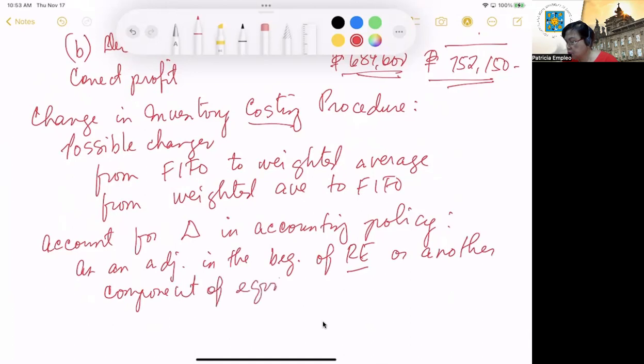That another component of equity does not apply to inventory. It applies only to other changes in accounting policy. So therefore, this is considered as an adjustment in the beginning balance of retained earnings.